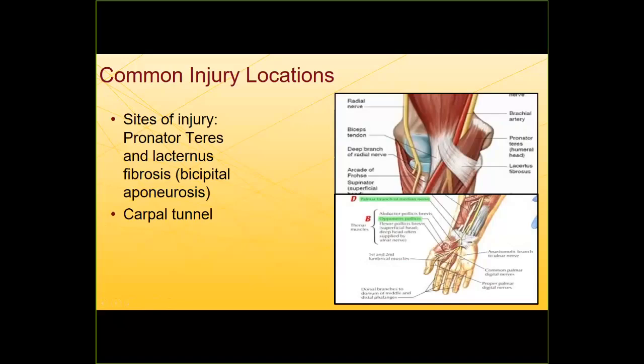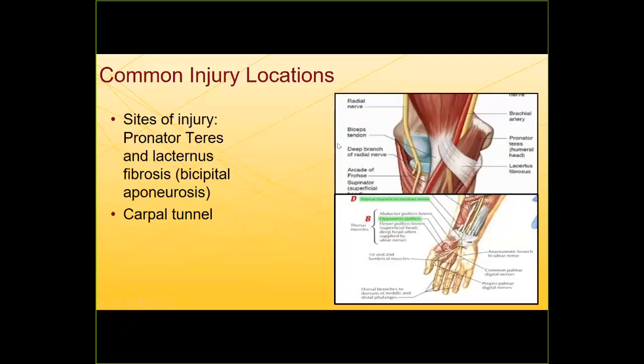And carpal tunnel syndrome, yep, Rhonda, is when the median nerve is being compressed as it goes through the carpal tunnel. So all of the functions of the median nerve that we described earlier, after it exits the carpal tunnel, are going to be diminished because the compression is happening at that level.